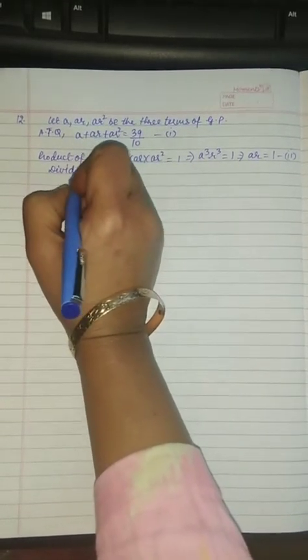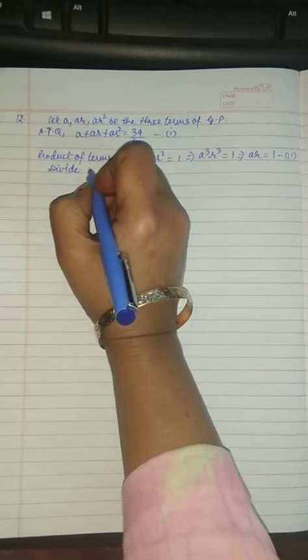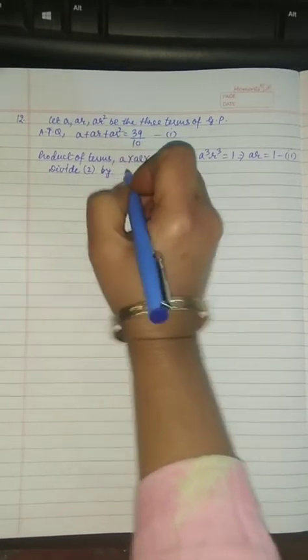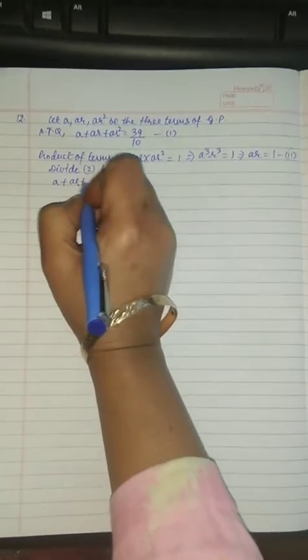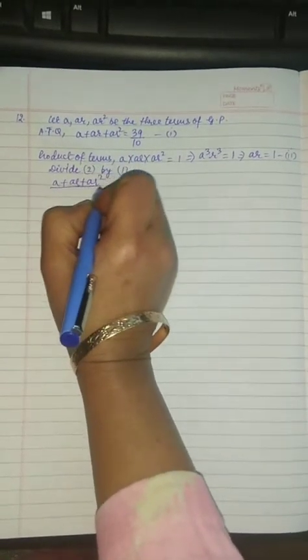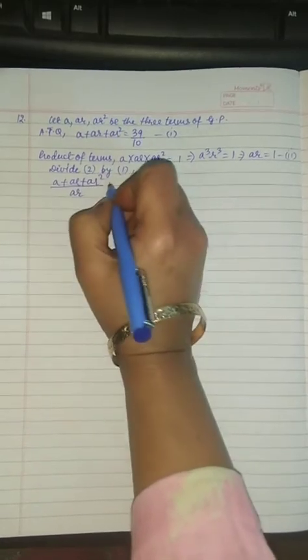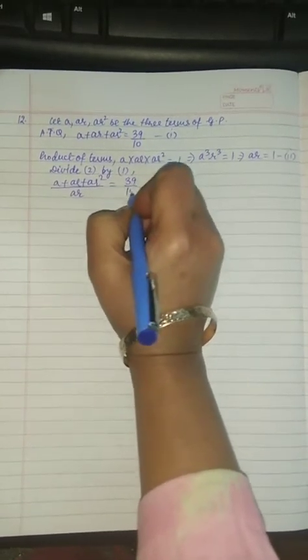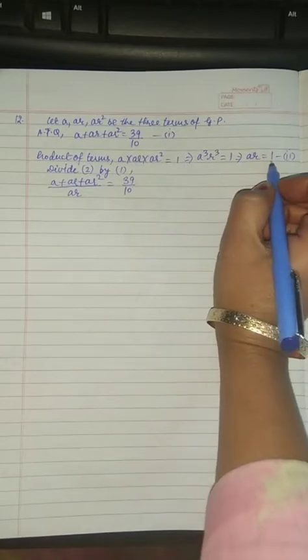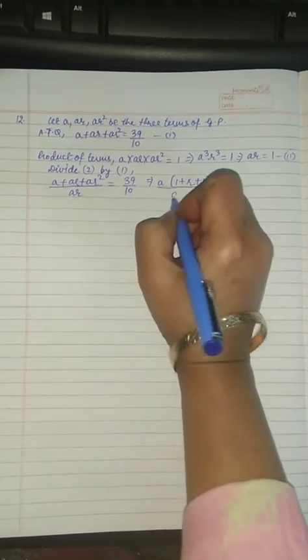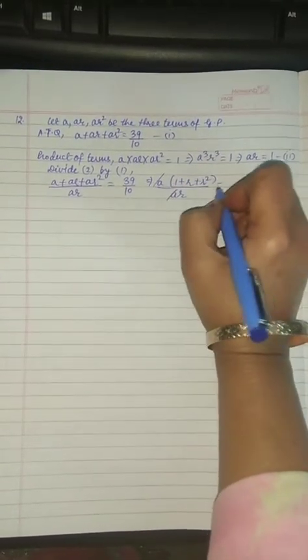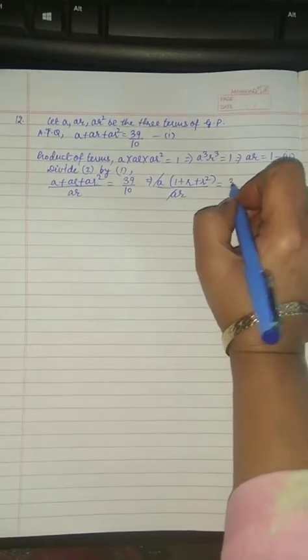Now we will divide equation 1 by 2. So we will get (a + ar + ar²)/ar = 39/10, because the second equation is equal to only 1. Taking a common, we get a(1 + r + r²)/ar, and a and a will cancel, which is equal to 39/10.